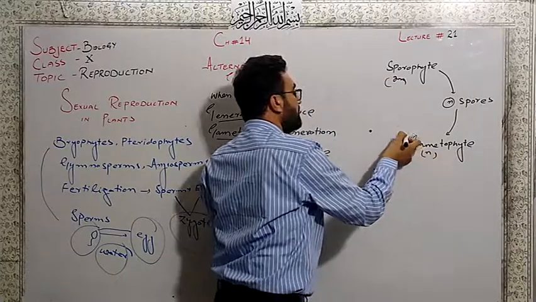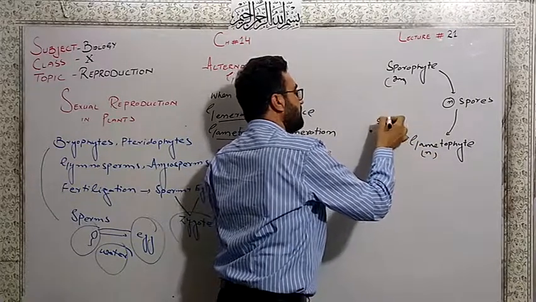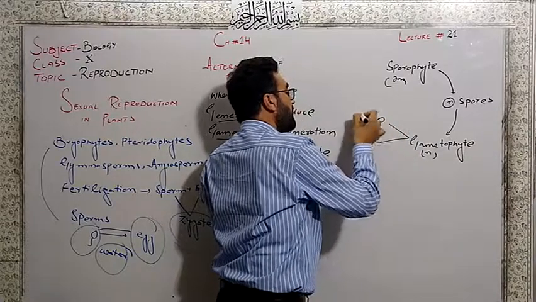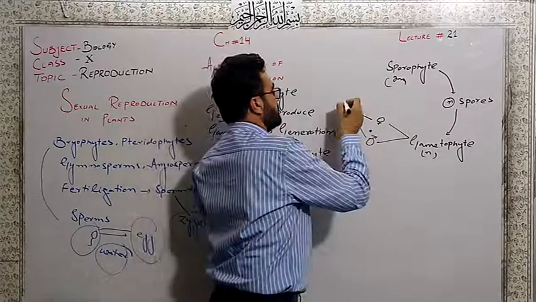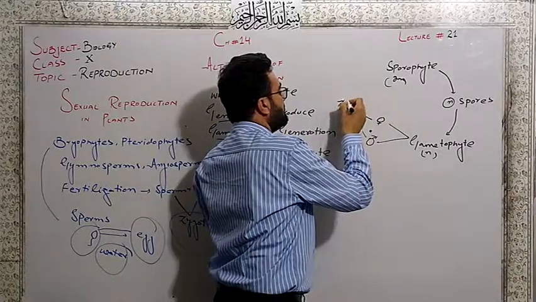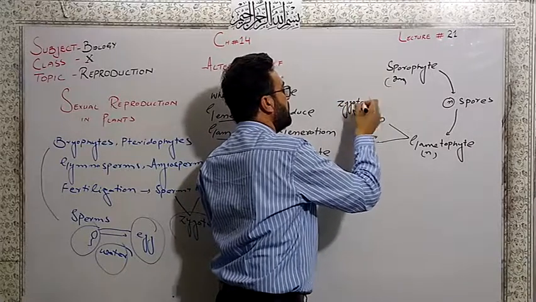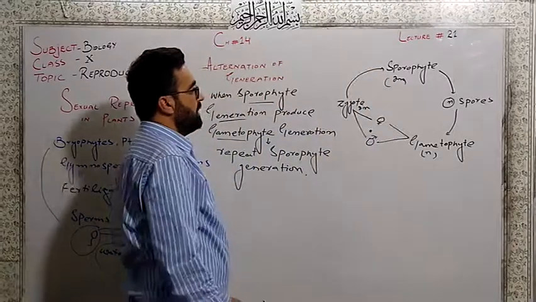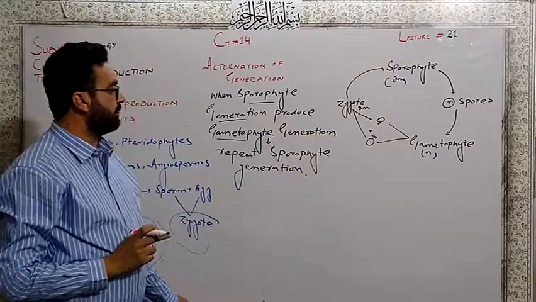And that gametophyte generation produces two types of gametes, a female gamete and a male gamete. These male and female gametes fuse to form a zygote, fertilization occurs, and a diploid body is formed, and from that diploid body, the sporophyte generation is produced. This is called alternation of generation.